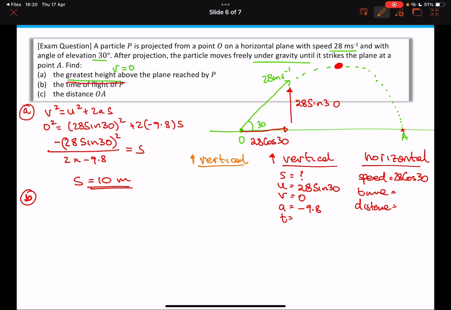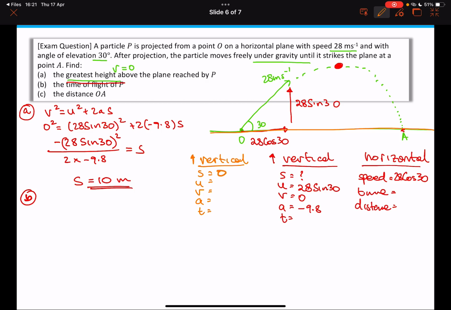In this case, I still have my SUVAT. The reason why I'm restarting is because in the previous question I was using the information for when it reaches the maximum height. Now I'm calculating the vertical information when it reaches the point A. Because I start from the same point and end at the same point vertically, my displacement altogether will be equal to 0.